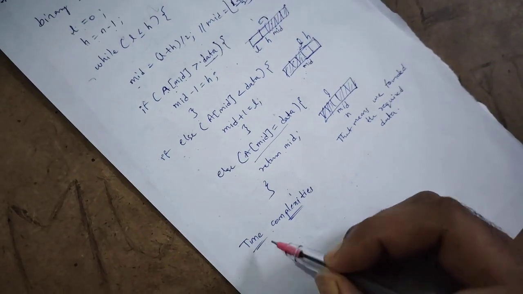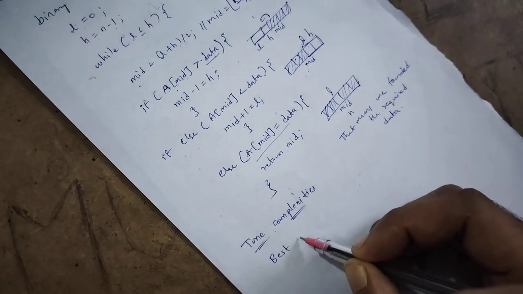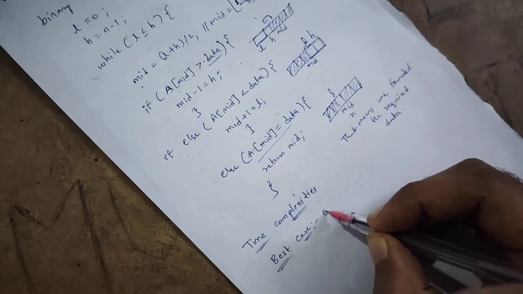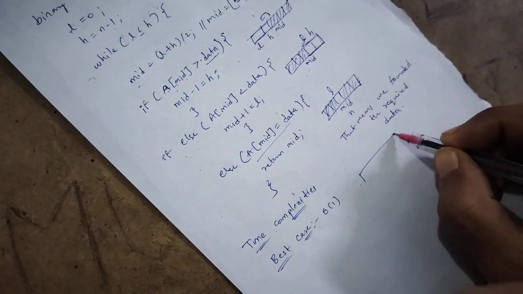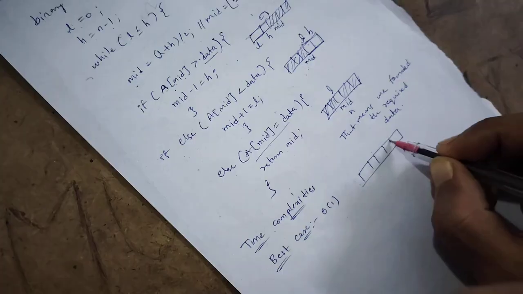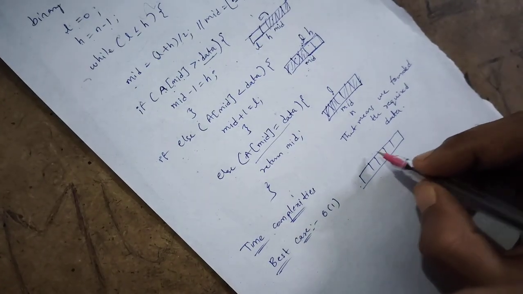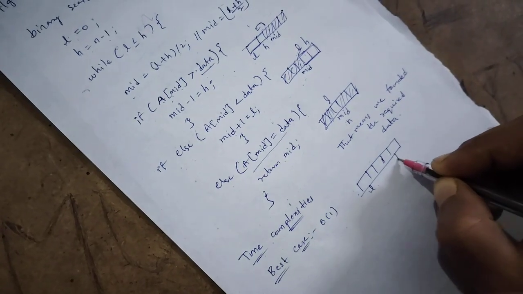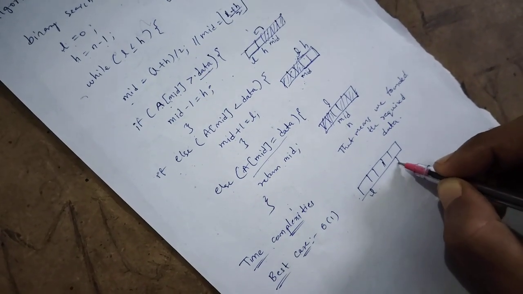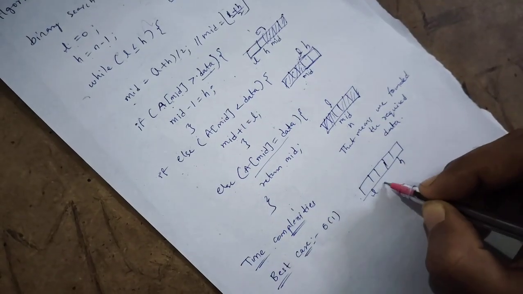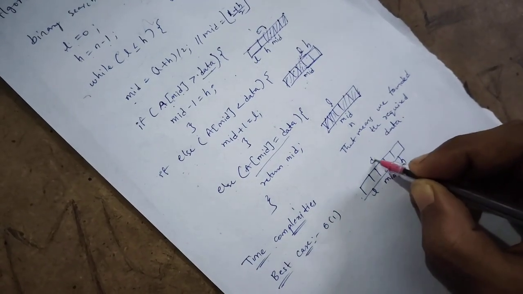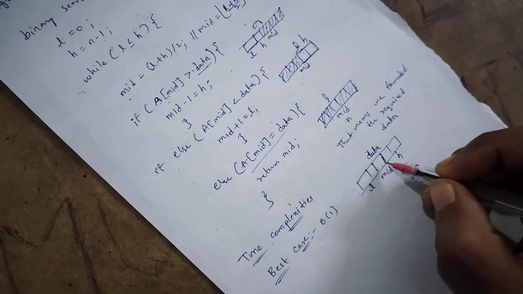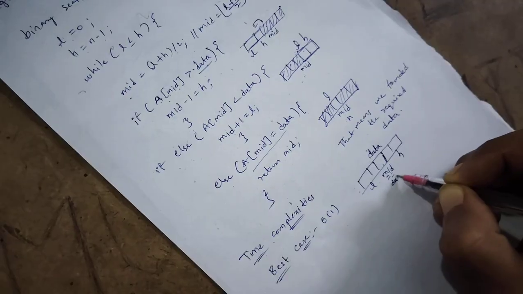The best case is order of 1, because whenever we are finding a data, when we find that this mid value is our data, accidentally our required data, then mid equals data.